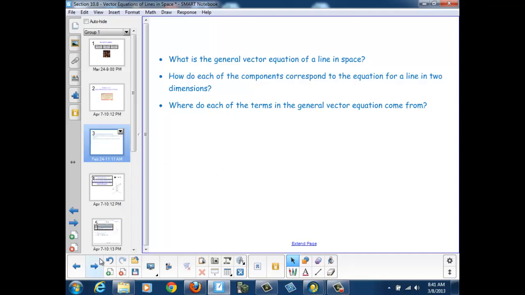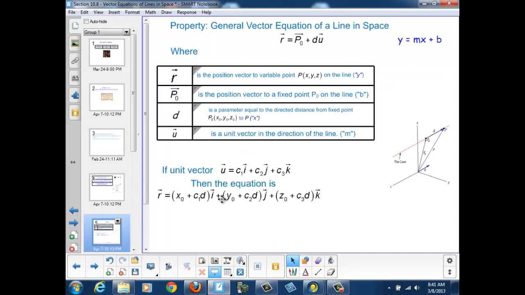Well, that's a similar question. Our u is a unit vector, so it's going to take the form of c1i plus c2j plus c3k. And p0 is a position vector, so it's going to take the form of x0i, y0j, and z0k.